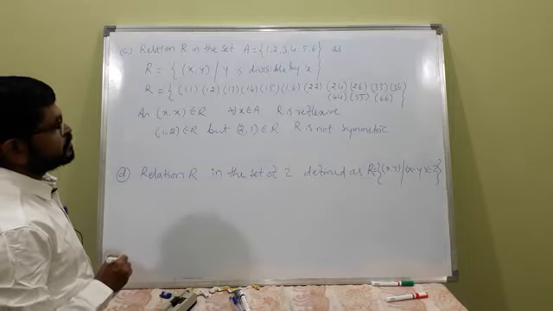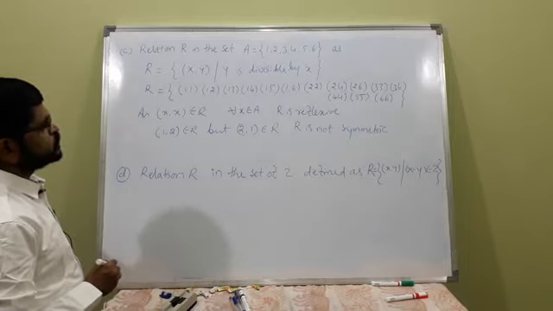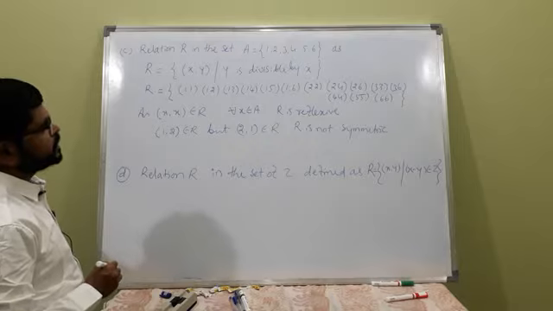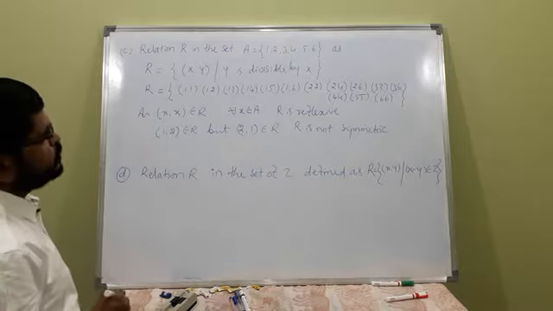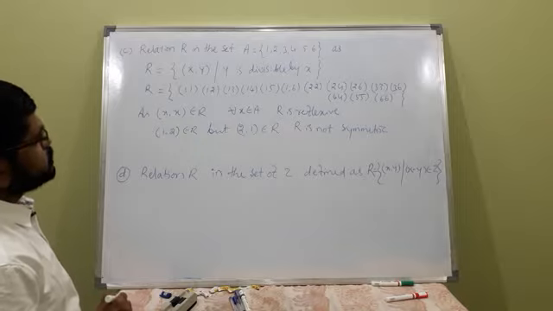Then the transitive property. If you take (1,2), (2,2), (1,2) is there, or (1,5), (5,5), that will do.